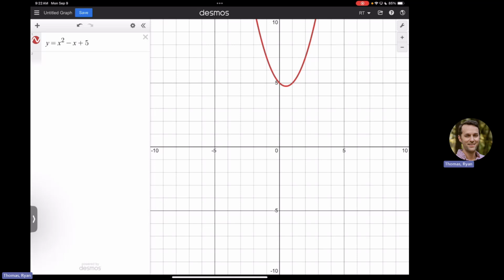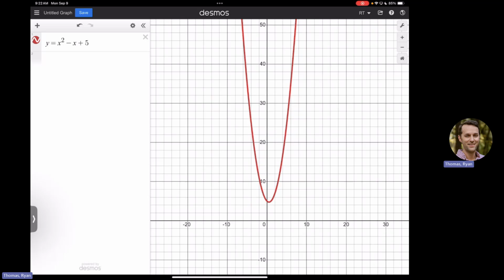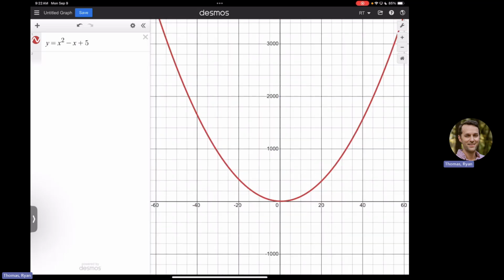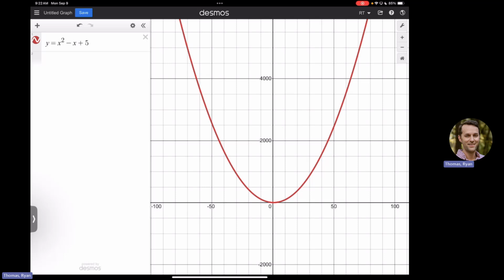The way it's written, I can't read off that it's this much to the right and this much up, because it's not factored out that way. But it's still related to that. You can fiddle around with the window and convince yourself that it continues on to the left and to the right.